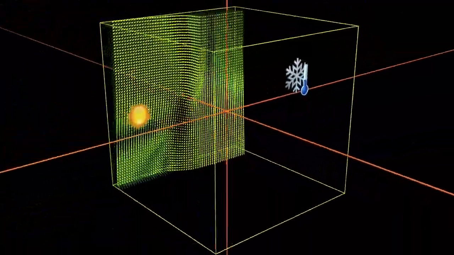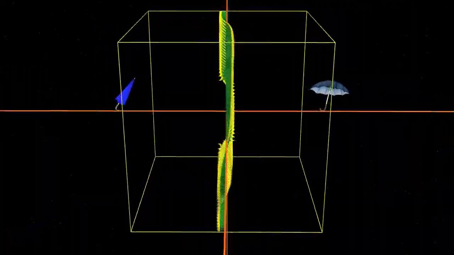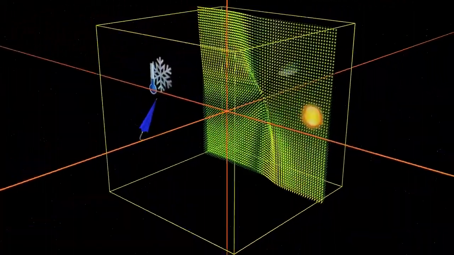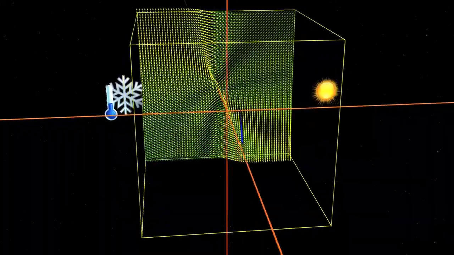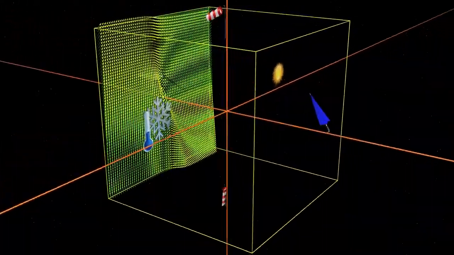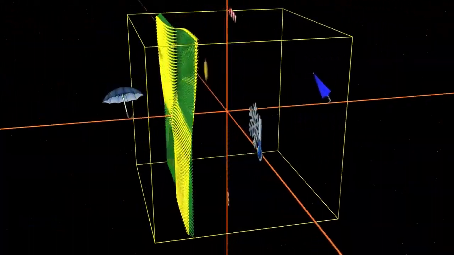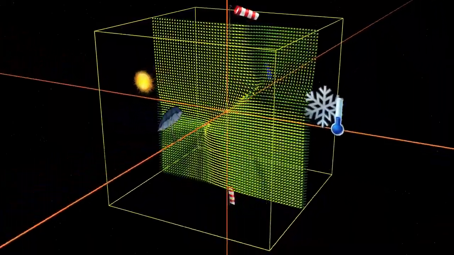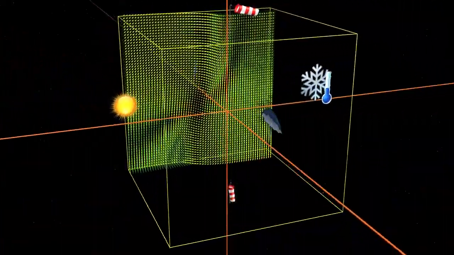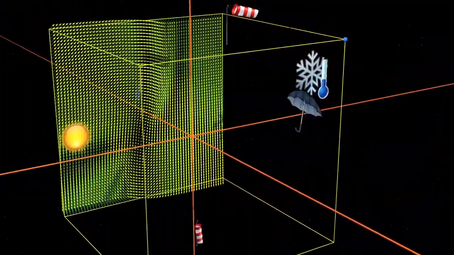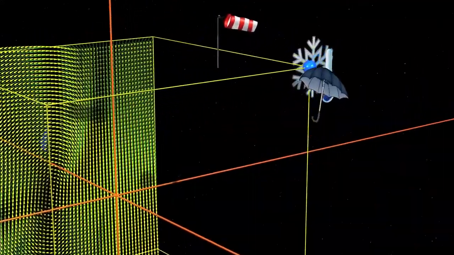For example, and this is only an example, the first coordinate could represent the temperature, the second, the wind speed, and the third, the humidity. Over here, it is cold, breezy, and raining.